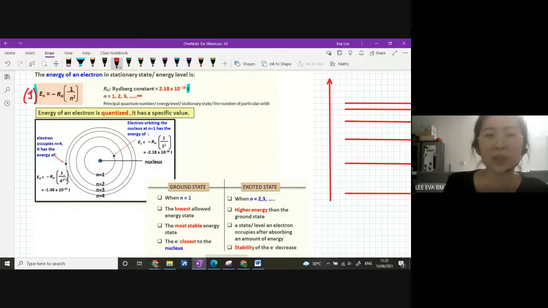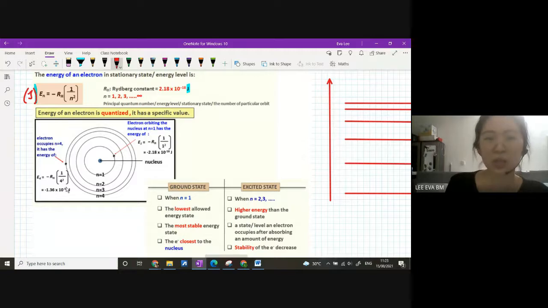If we say the electron occupies n equals 4, then when we want to know the energy of the electron at this level, we apply this formula. En, where n represents the energy level, in this case 4. Then we substitute the value n equals 4. Just calculate using your calculator, apply your value for the Rydberg constant and your value for n, and then you will get this value with a negative sign.